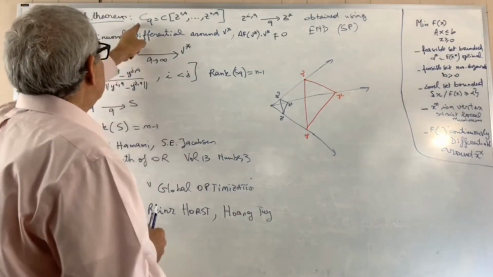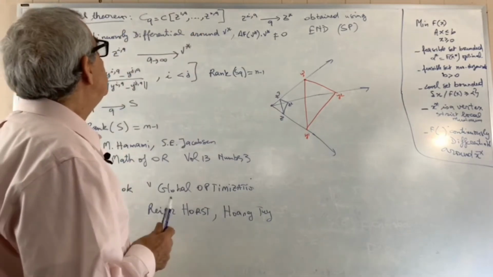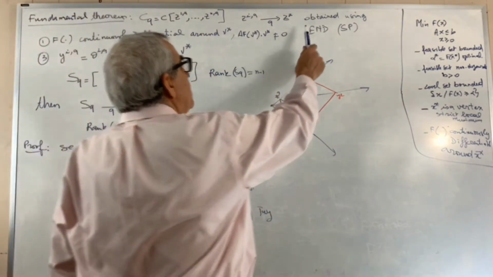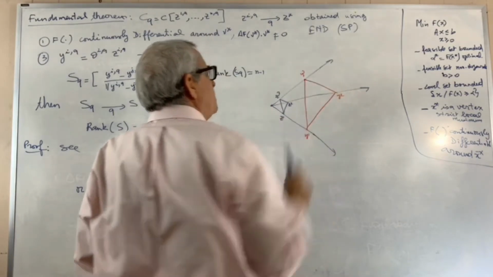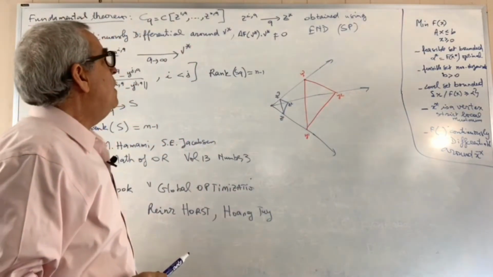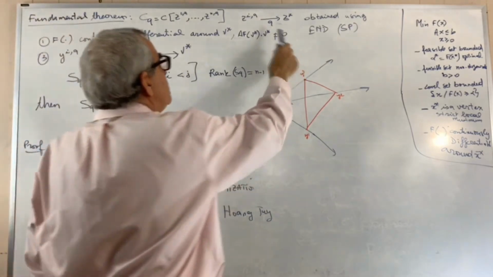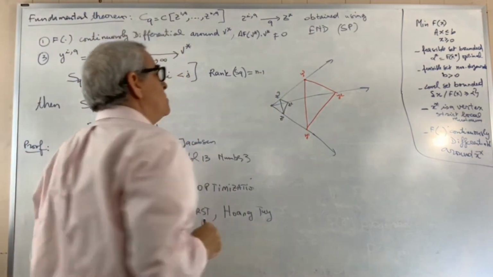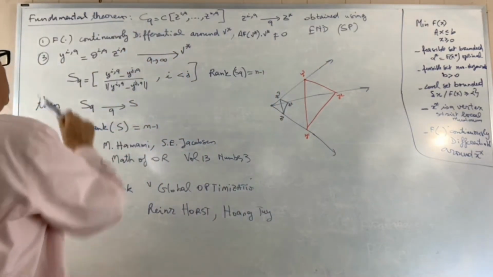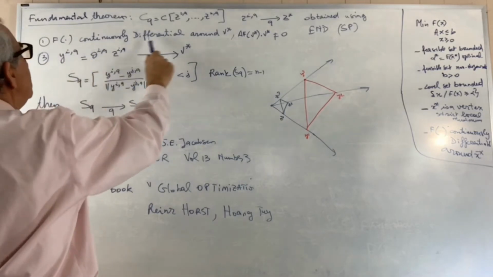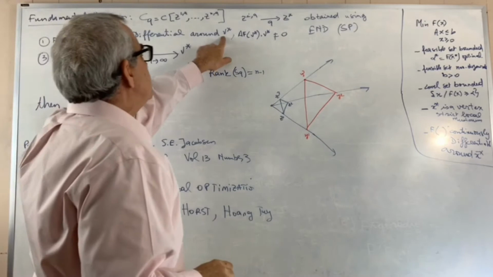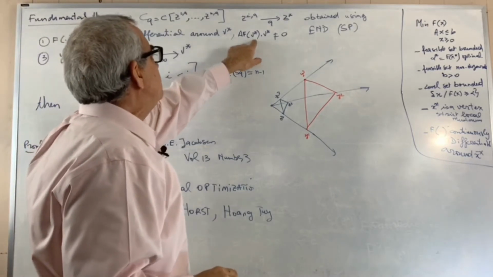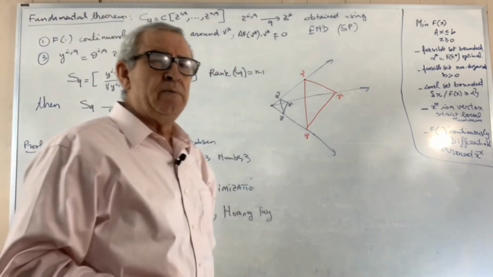Let's assume that we have a sequence of cones obtained using the exhaustive non-degenerate subdivision process. The exhaustiveness implies z i q converges to z star. And we assume that our function is continuously differentiable around the vector v star, and the gradient at v star times v star is not zero.